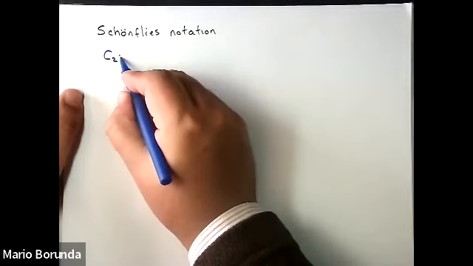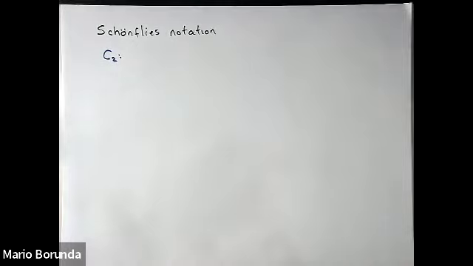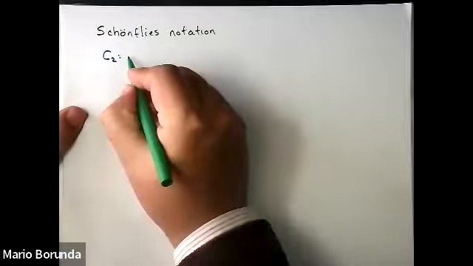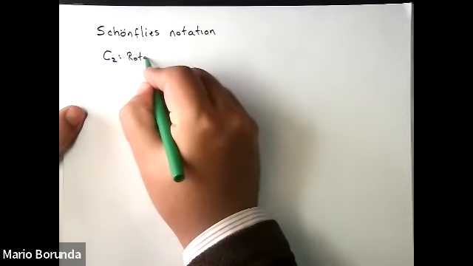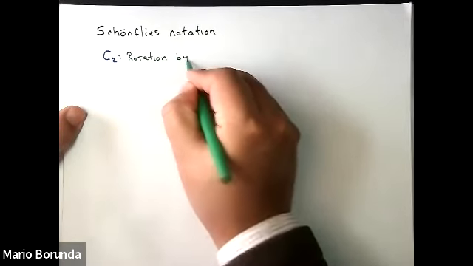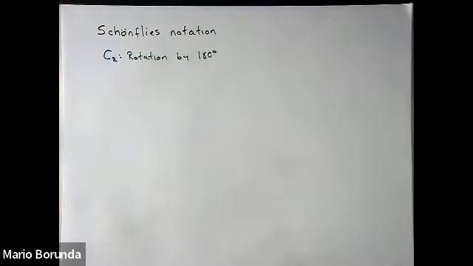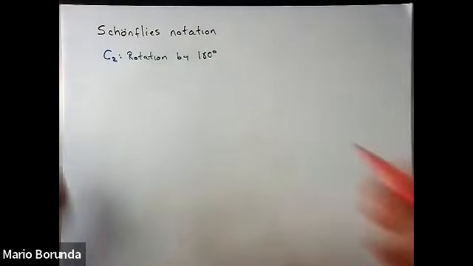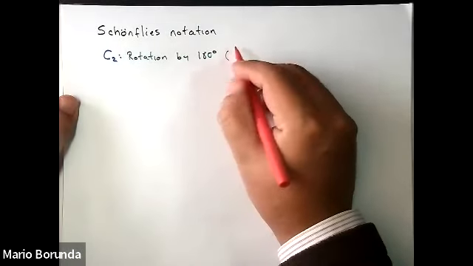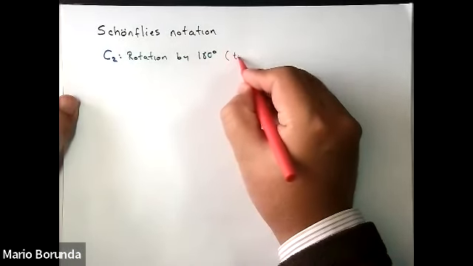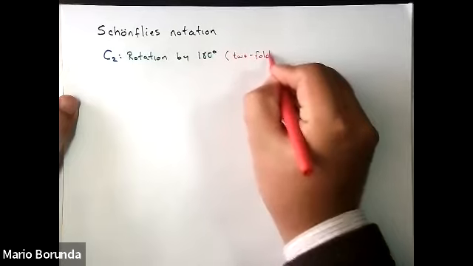So this C2 is a rotation by 180 degrees. And what I told you last time when we were covering symmetry is that it's also called the two-fold rotation.